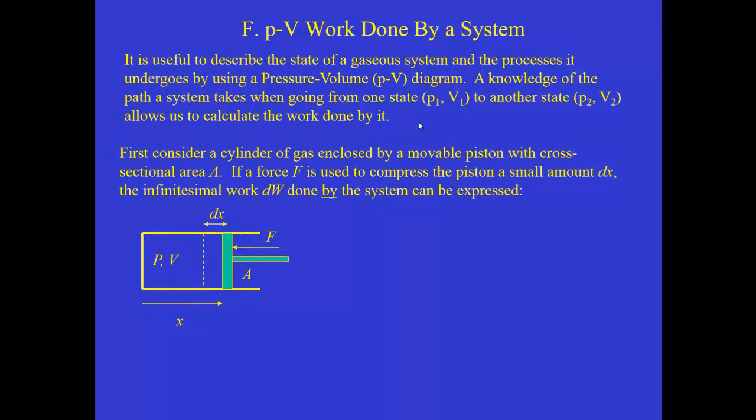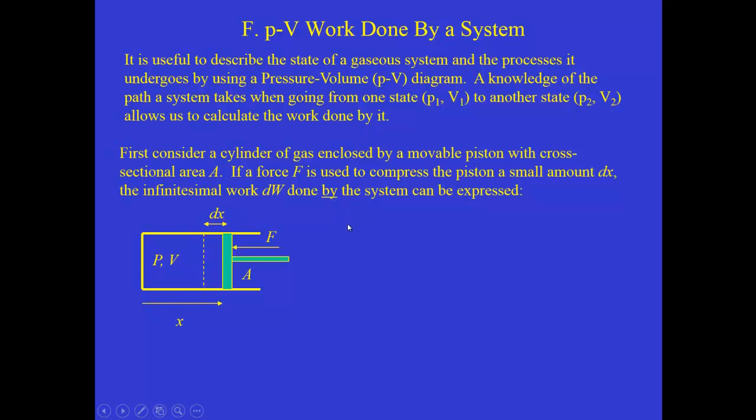So to see the general expression for how to calculate the work, let's imagine this example of a gas that's inside some kind of a cylinder, and then it's enclosed by a piston, and it's in equilibrium initially, but then some force is applied to the piston, and it's going to compress it a very tiny amount, dx. What we would like to know is how much work the gas system does in this process.